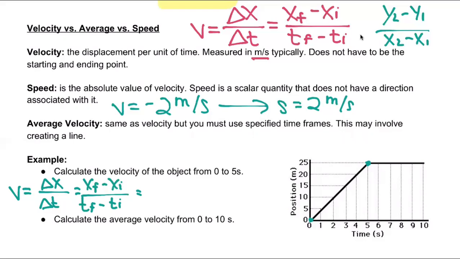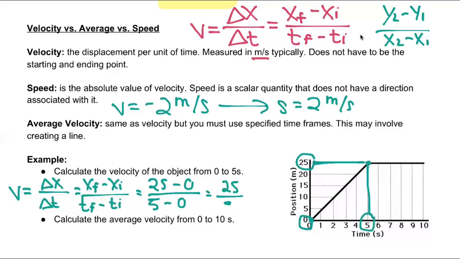So my final position is 25 because that's where this object ends up. So 25 minus my initial position, which was 0, divided by my final time, 5 minus 0. This gives me 25 over 5.